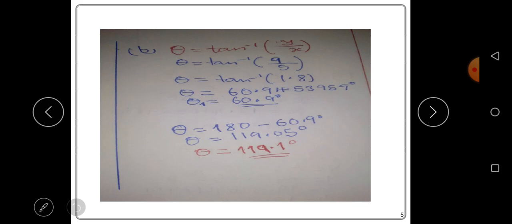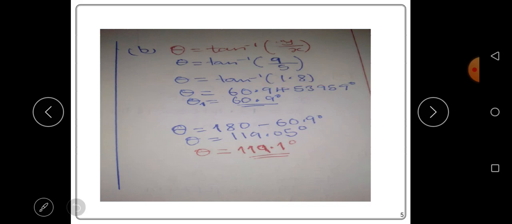Where there is y, we replace with 9, because this is the y component from the diagram we saw. The x component in the diagram was negative 5, but in this case, we can just ignore the negative. When you simplify 9 over 5, you get 1.8.